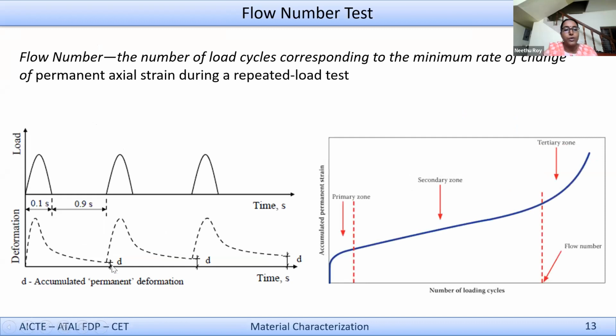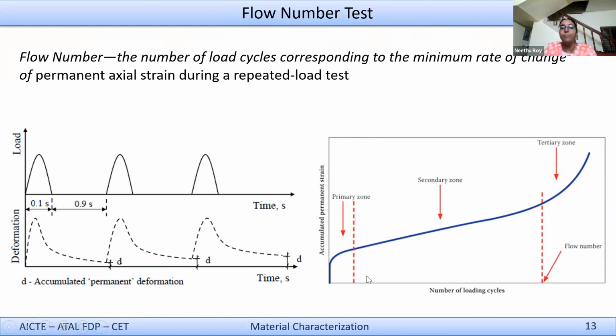So here also you can keep on measuring these irrecoverable deformations and plot them. So this will represent the repeated creep, permanent deformation or the permanent strain with respect to the number of loading cycles. At every loading cycle, you note down the D, what you have measured here.